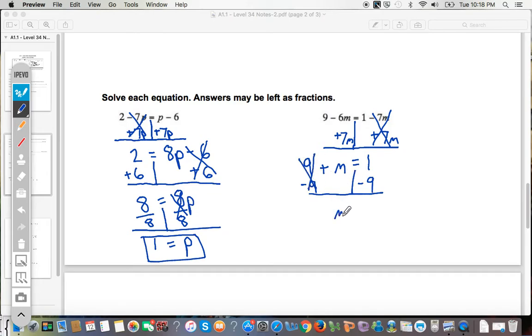Left with m on this side equals 1 minus 9, which is negative 8. Easy enough? Great. Well, I'll move on.